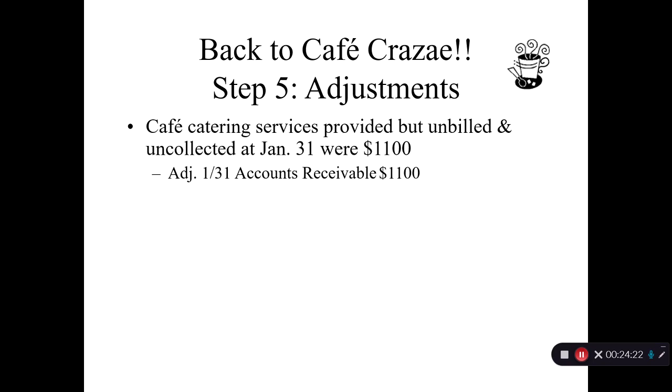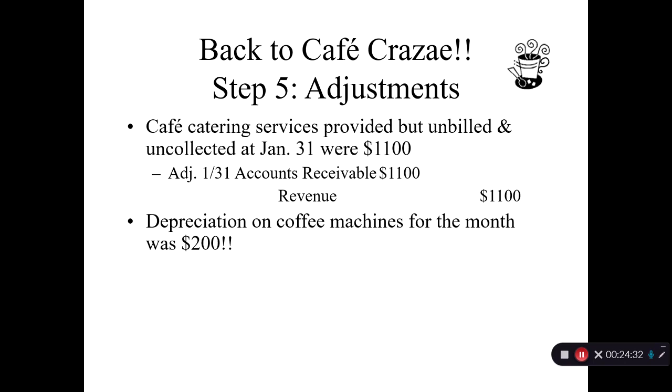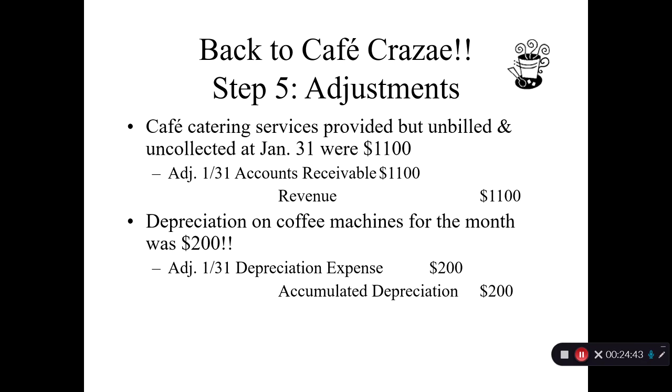So our adjustment would be to debit accounts receivable for $1,100 and then credit or increase the revenue account by $1,100. Depreciation on the coffee machines for the month was $200. Here's our depreciation adjustment. We would debit depreciation expense $200 and credit the contra asset accumulated depreciation.